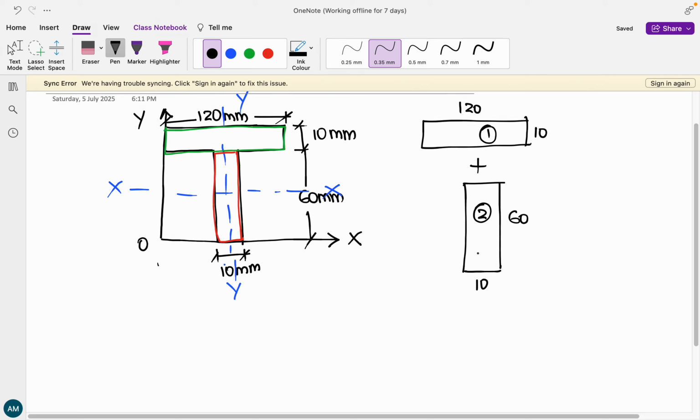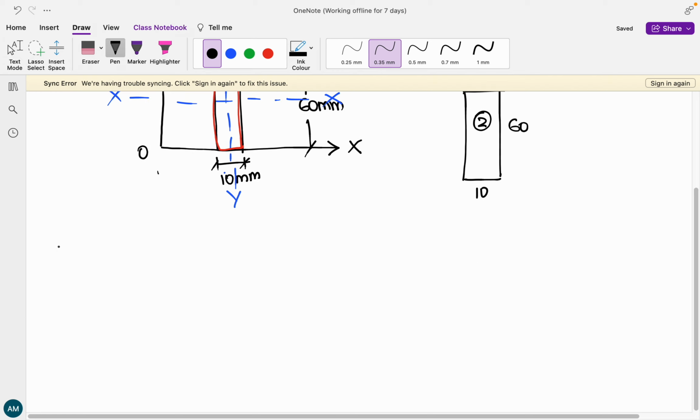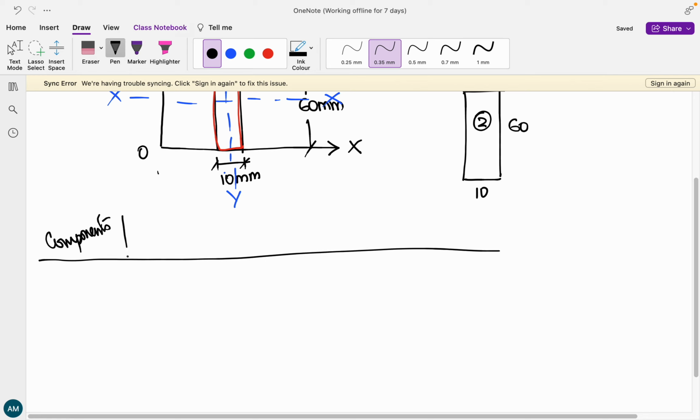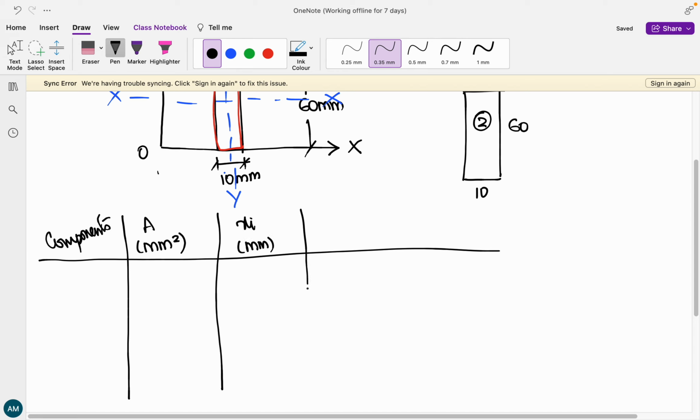Now as usual we are going to write a table. The first column of the table is going to be components. Next, area in mm square. Next, xi in mm. Next, yi in mm.